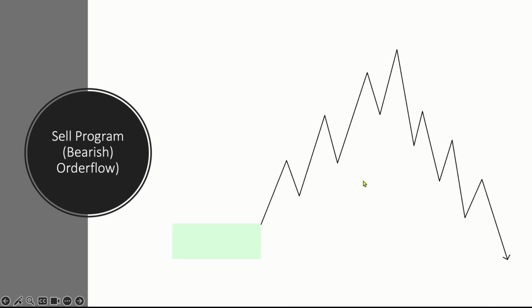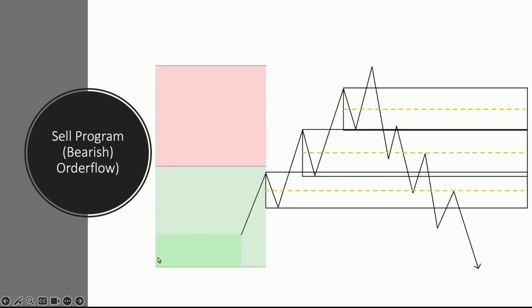If we take a look at a more advanced version of the schematic, we can see the following. We can see that from the original consolidation to the high, we have drawn premium to discount. The reason why premium to discount is important is because if we are bearish and we are looking for shorts, we preferably want to go short inside of premium of this range.